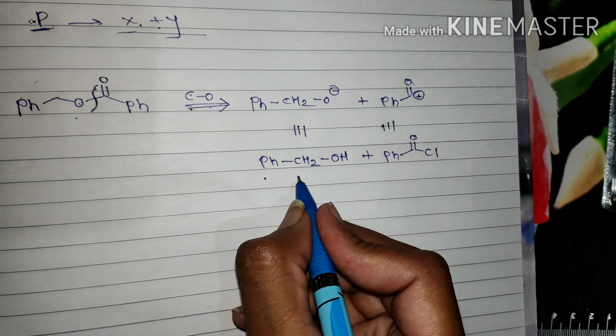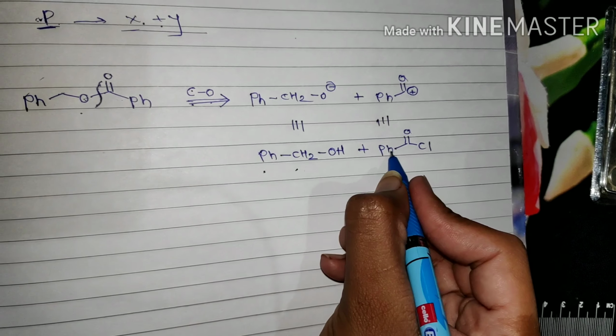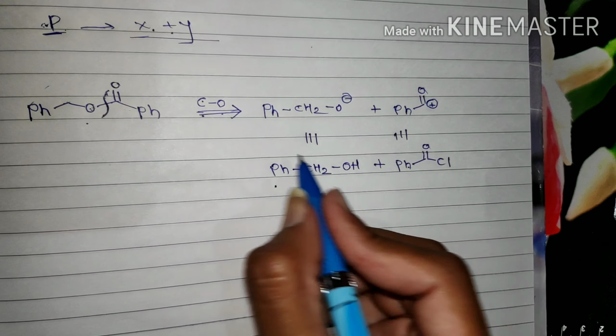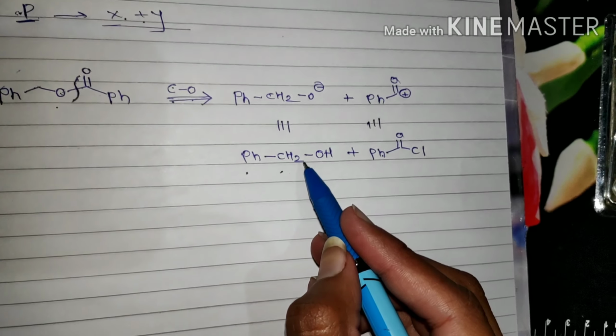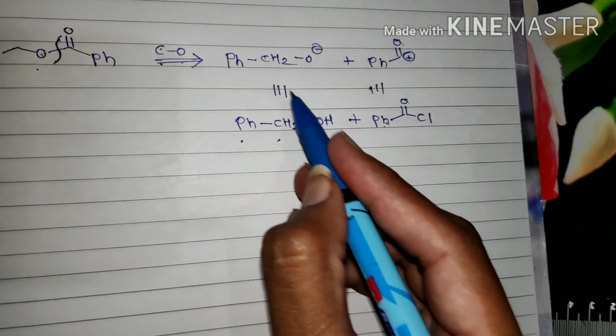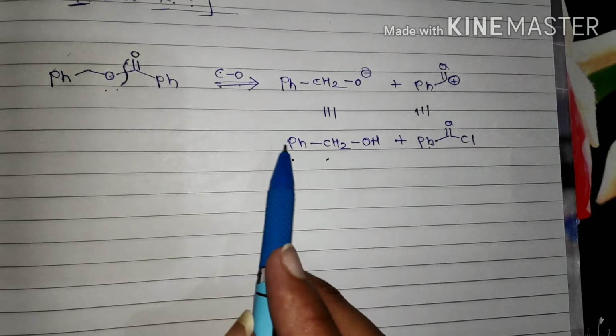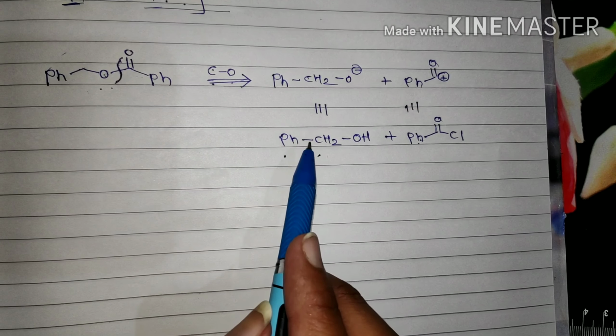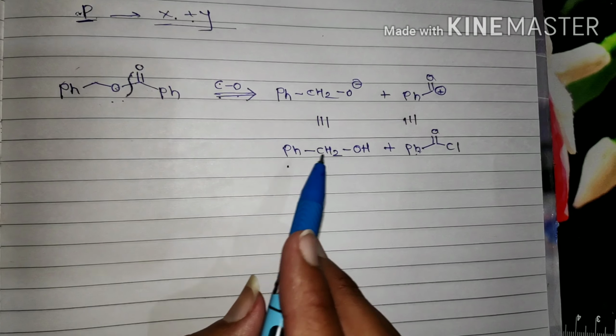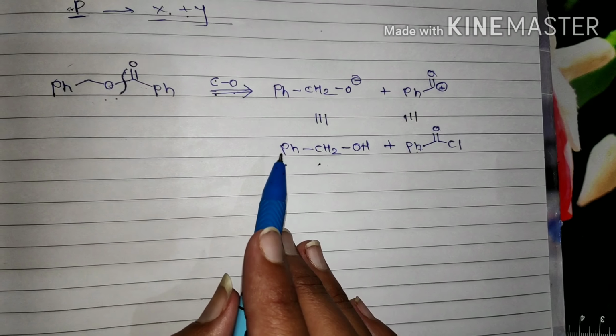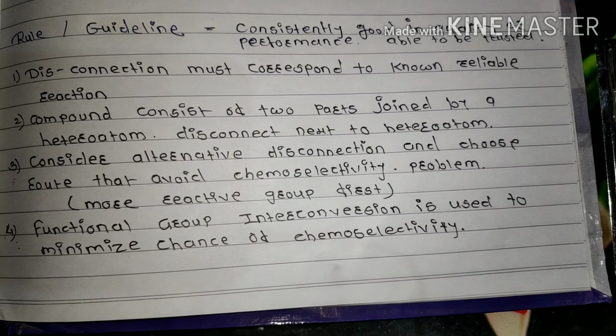It is benzyl alcohol and benzyl chloride. When the benzyl alcohol and the benzyl chloride are added, we get the ester. It is a reliable reaction. It is important to use a reliable reaction. Reliable reaction means the correct reaction.